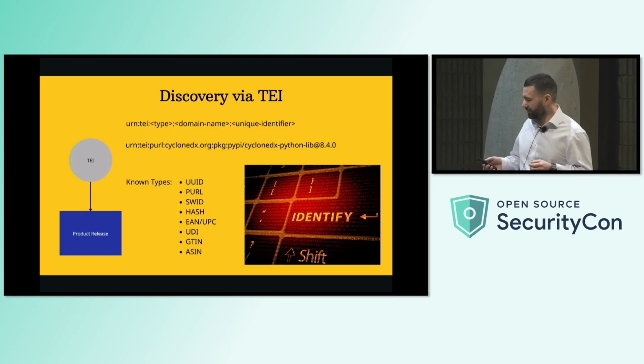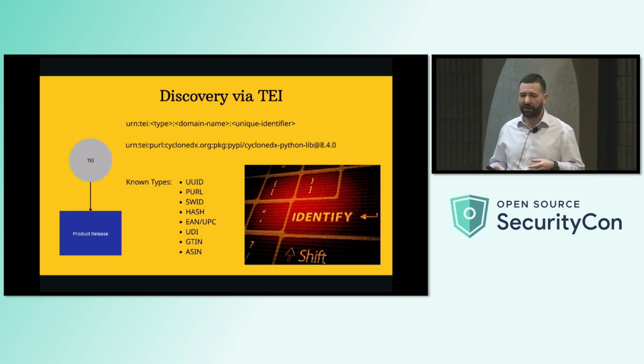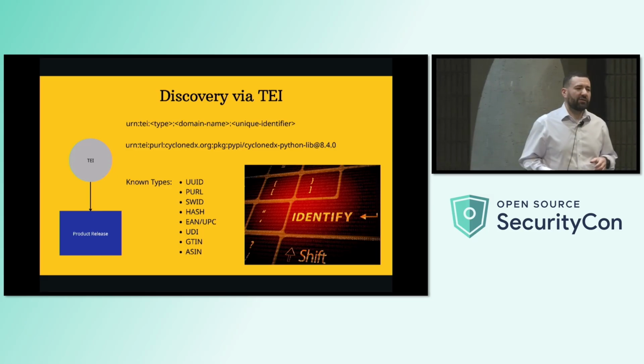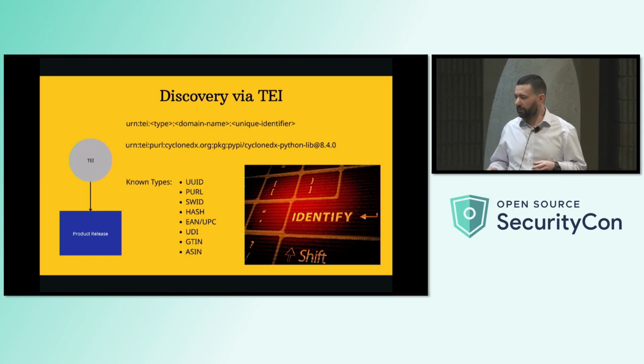And I have an example. I'm not sure if you can see here on the screen, but it's a package URL wrapped into TEI. The package URL identifies your package, and then TEI identifies the authoritative domain.